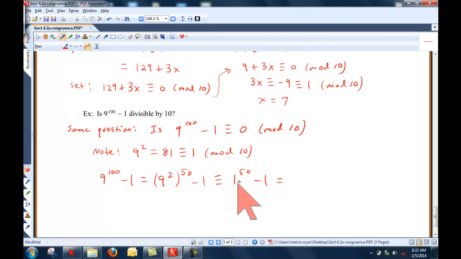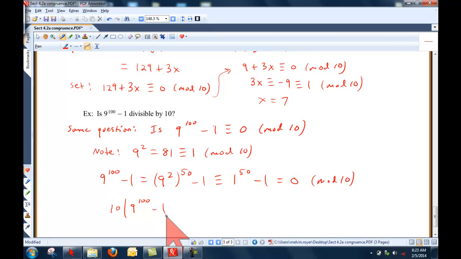But direct computation, 1 to the 50th is a much nicer thing to compute. And so the answer to the question, since 9 to the 100th minus 1 is congruent to 0 mod 10, 10 in fact does divide 9 to the 100th minus 1.